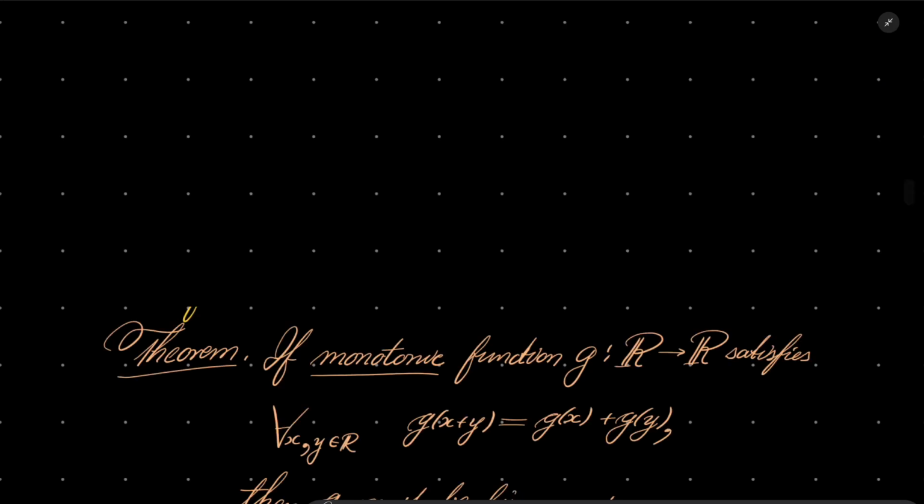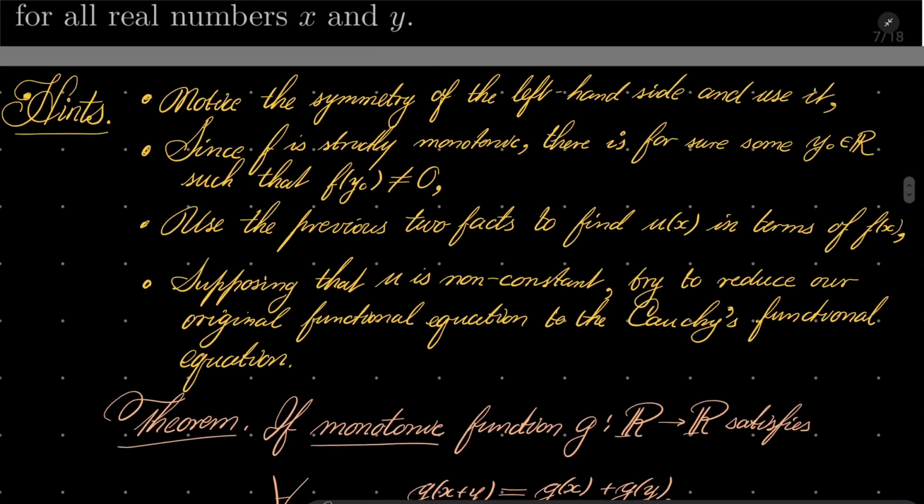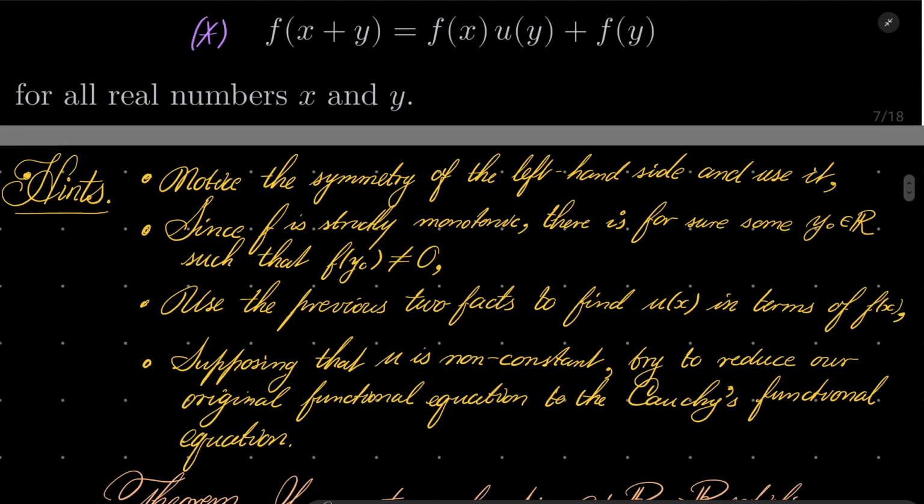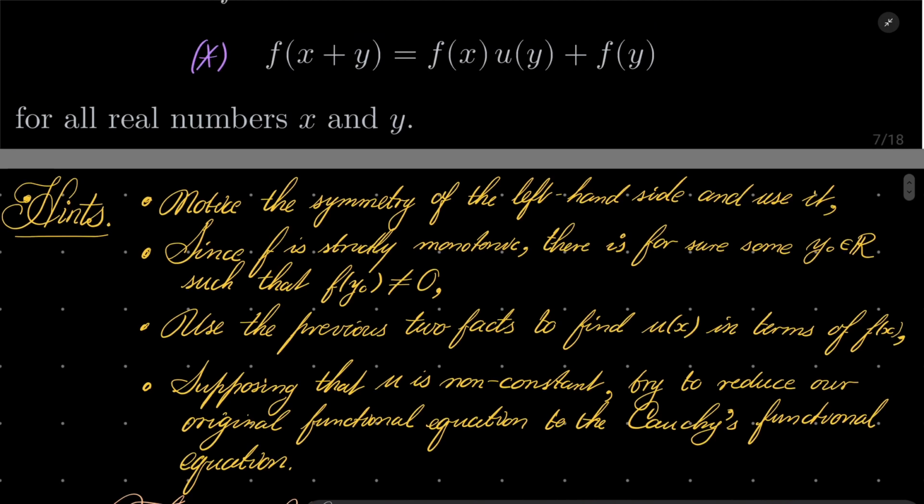Here are my hints. First, notice the symmetry of the left-hand side of our equation and use it. And remember that since f is strictly monotonic, it's not constantly zero. That is, f of some argument is for sure not zero.